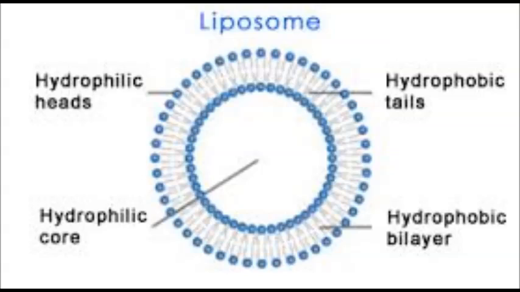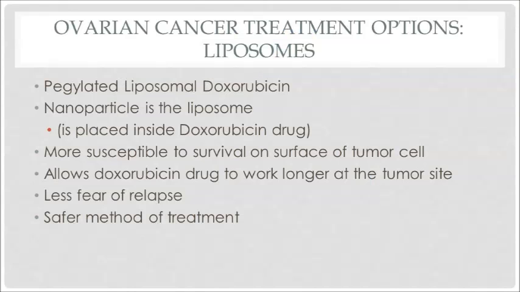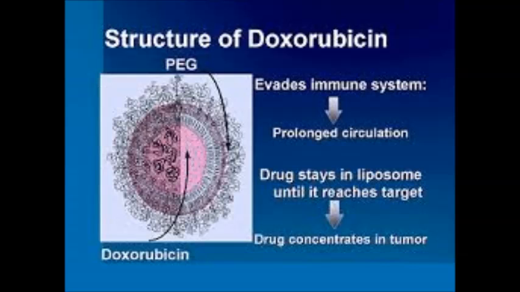The liposome, the nanoparticle, is covered in a glycol layer and it's placed inside of the drug. And this glycol layer makes the drug more susceptible to survival on the surface of the tumor. And this allows it to last longer at the tumor site.